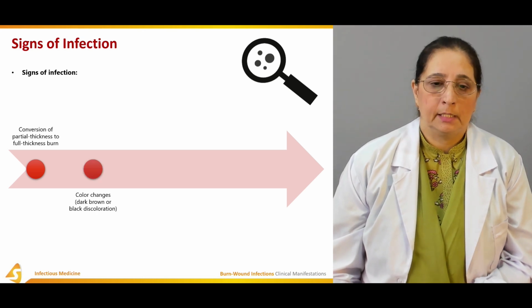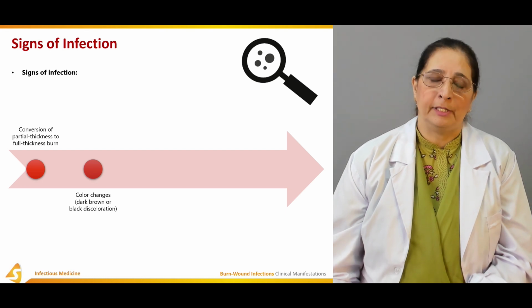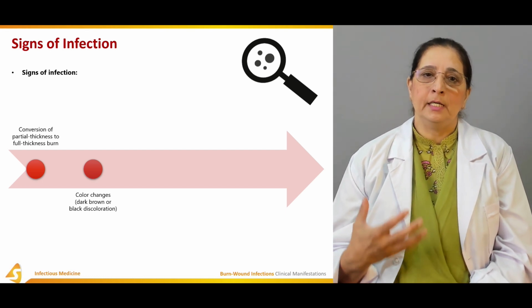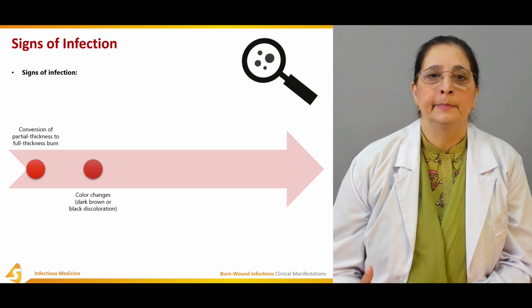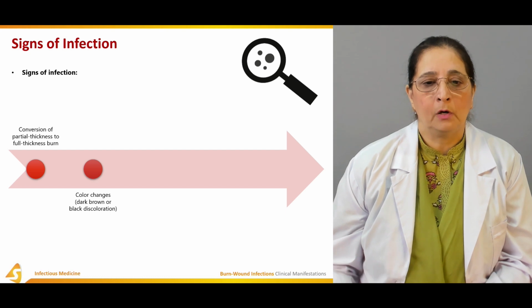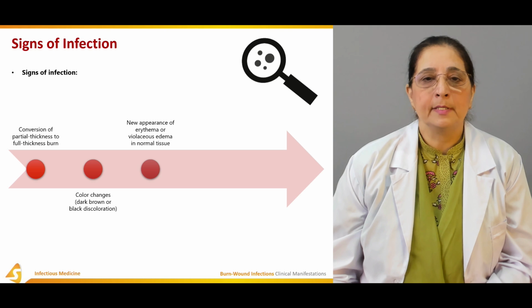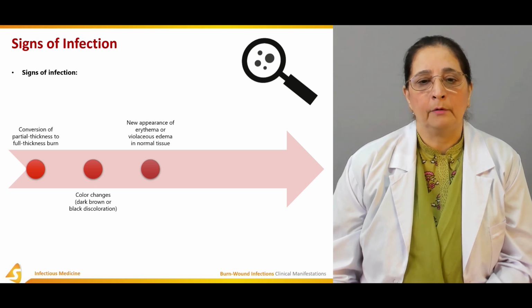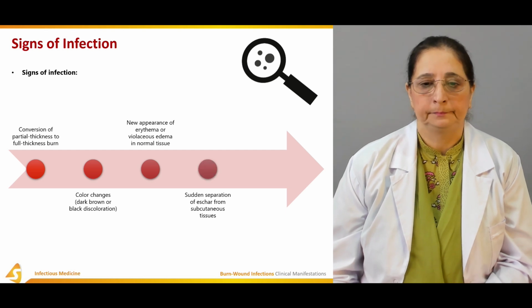Color change: dark brown or black discoloration. So initially it's the erythema or redness. Slowly it becomes black or brown, and it causes the color change. New appearance of erythema or violaceous edema in normal tissue.